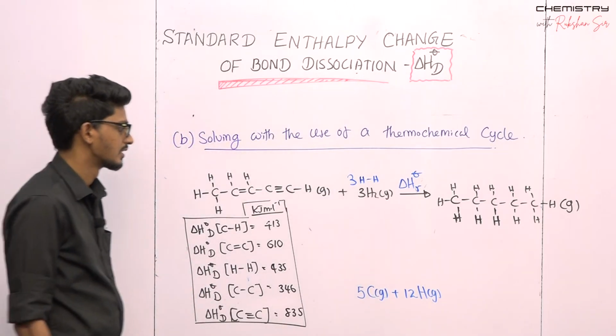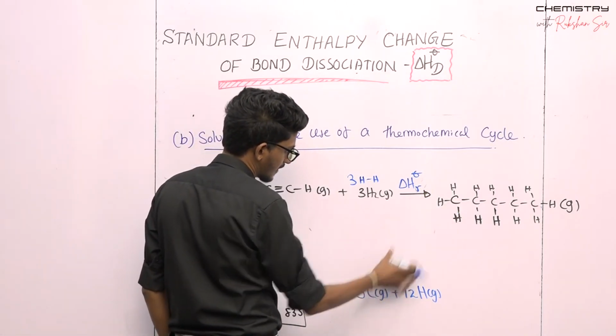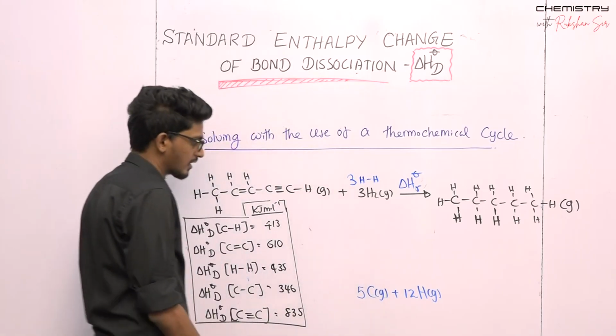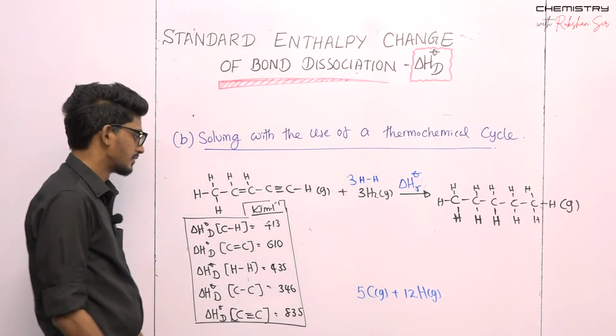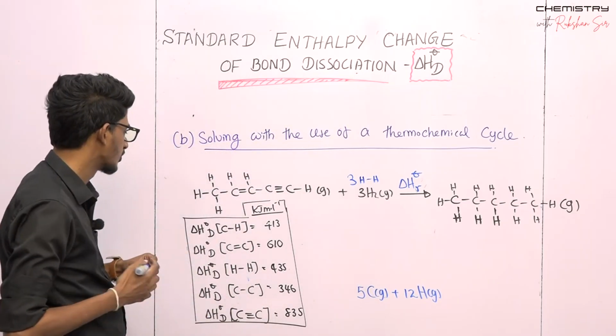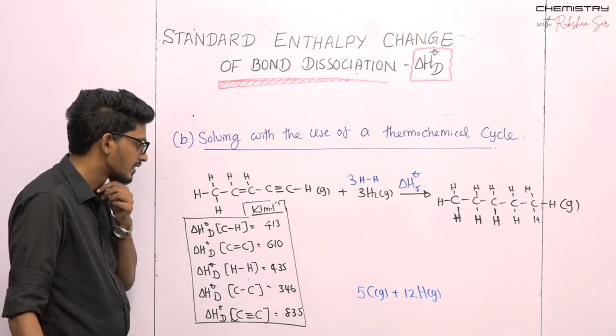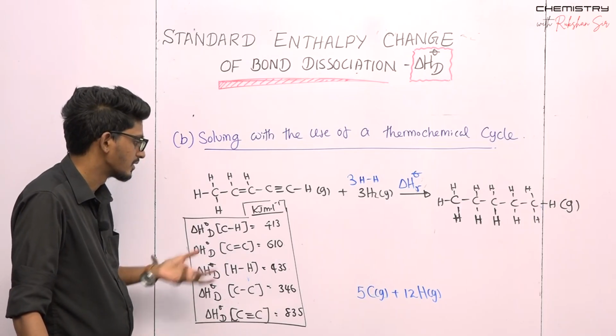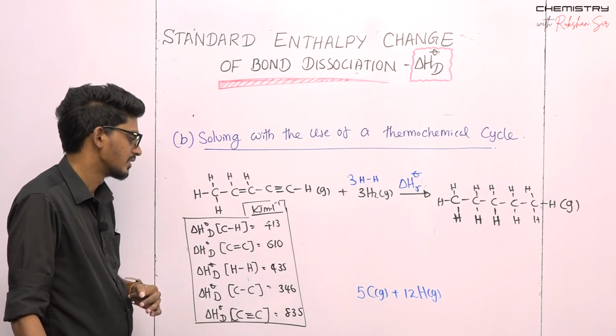Now we can connect these states via energy changes. When it comes to bond dissociation, the reaction arrows are written towards the monoatomic gaseous states.